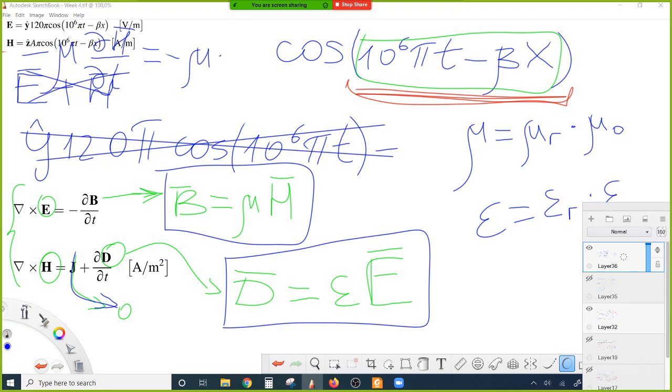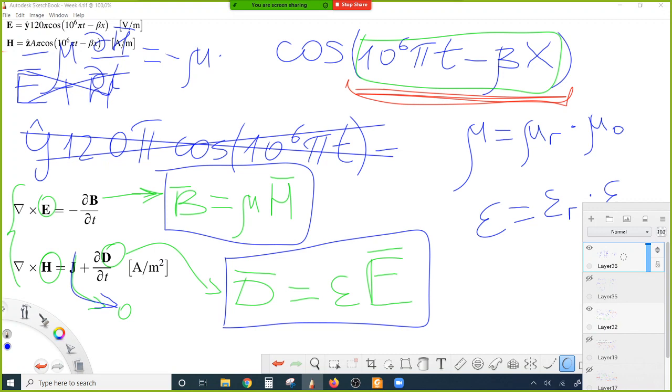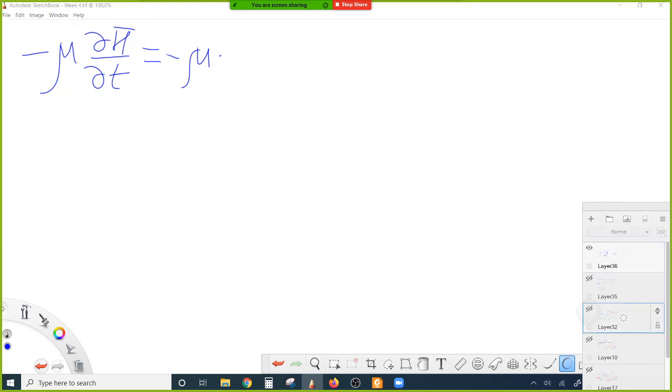H was given as z AP cosine(10^6 pt minus beta x). The unit vector z is also constant, that's why it goes out.